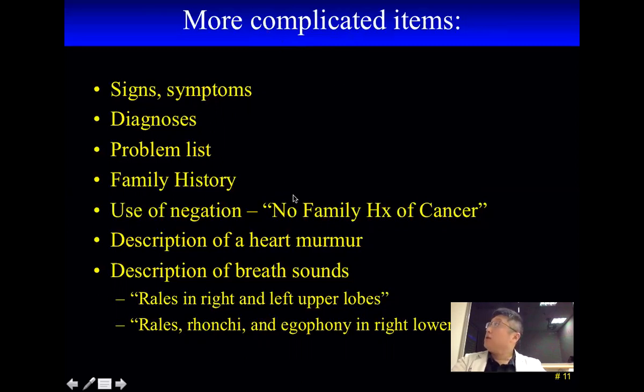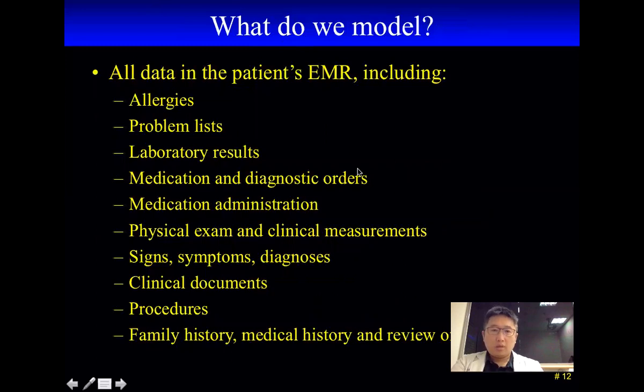Think about LOINC: it only documents laboratory data, and that is complicated enough. Currently there are some hot topics using LOINC or other standardized terminology to represent everything, but that is out of scope of this discussion.